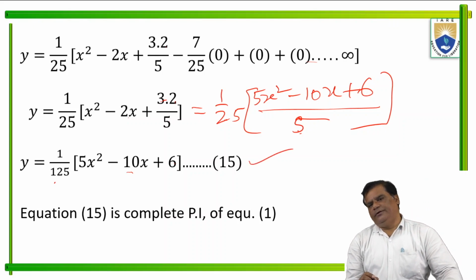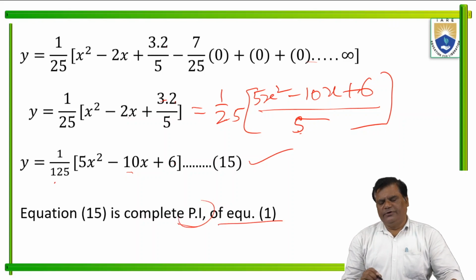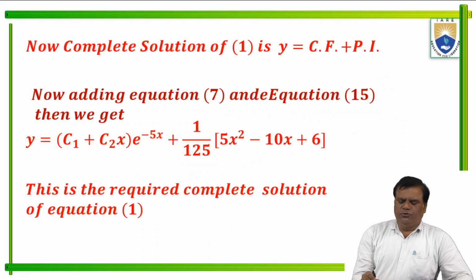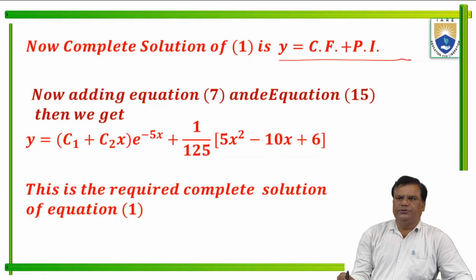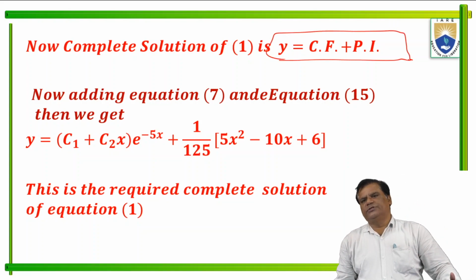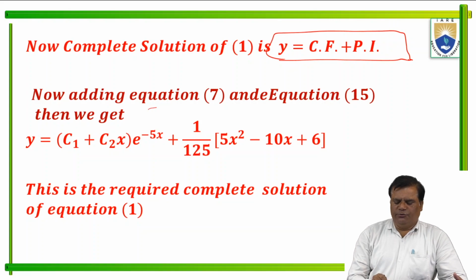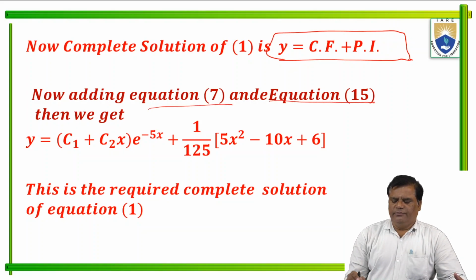This is equation 15. So equation 15 is the complete particular integral of equation 1. Now the complete solution of 1 is y equal to CF plus PI. This is the basic formula to find the complete solution of an ordinary differential equation with constant coefficients. So now adding equation 7 and equation 15, we get the complete solution: y equals C1 plus C2 x, e to the power minus 5x.